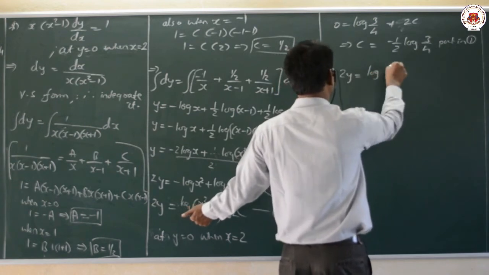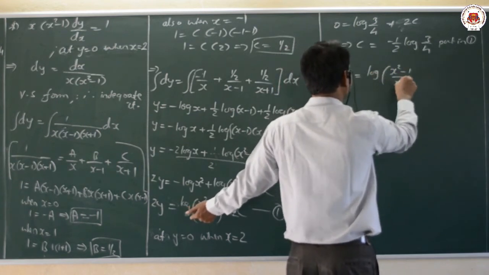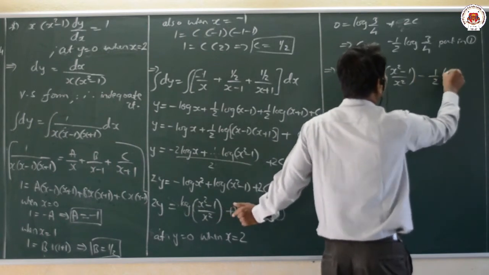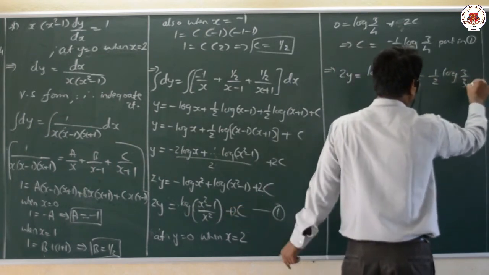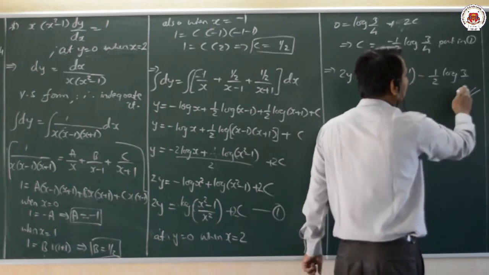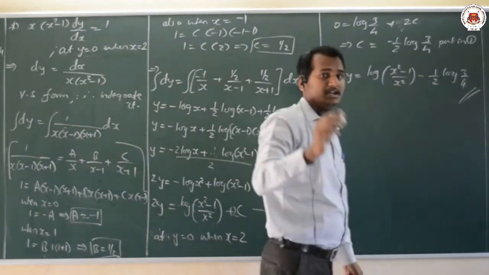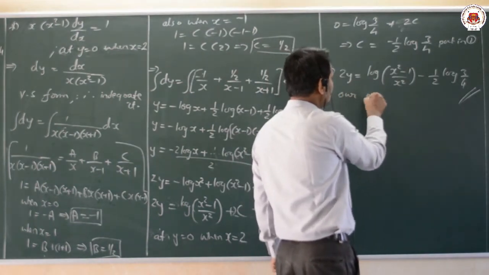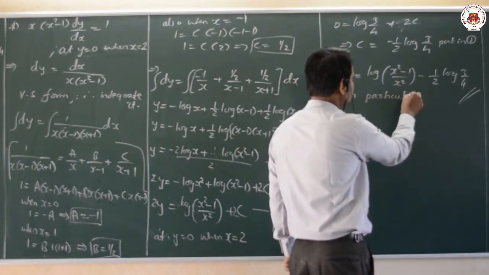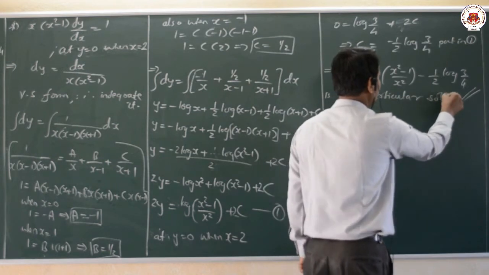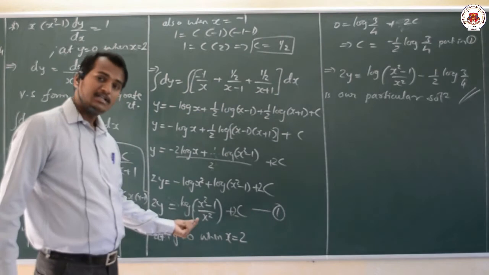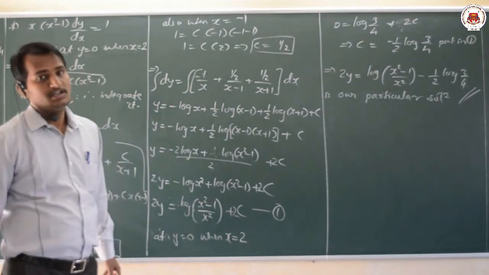That is the log of x square minus 1 divided by x square, minus of 1 by 2 log of 3 by 4. That is nothing but your required particular solution here. And here the equation 1, whatever we had solved here, that itself is nothing but our general solution here.